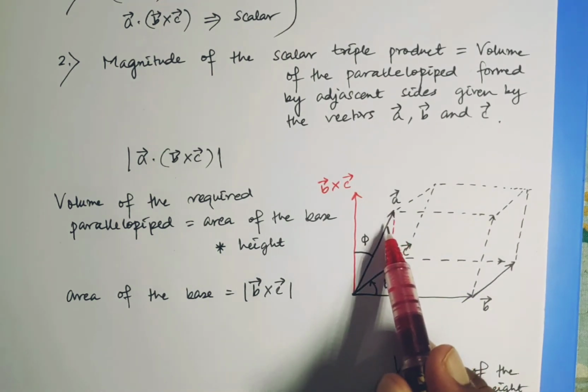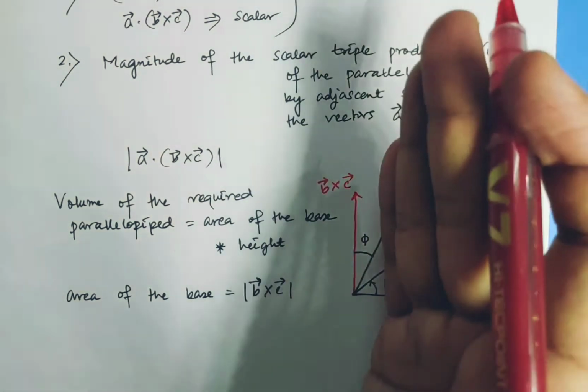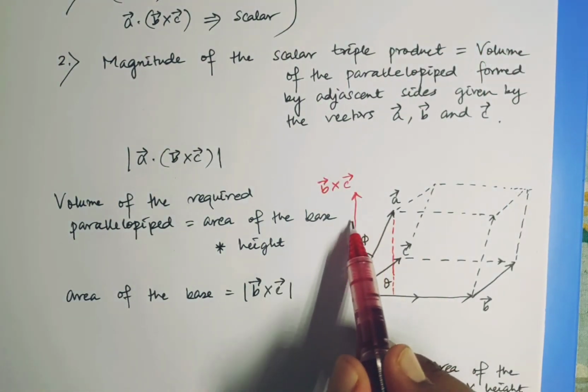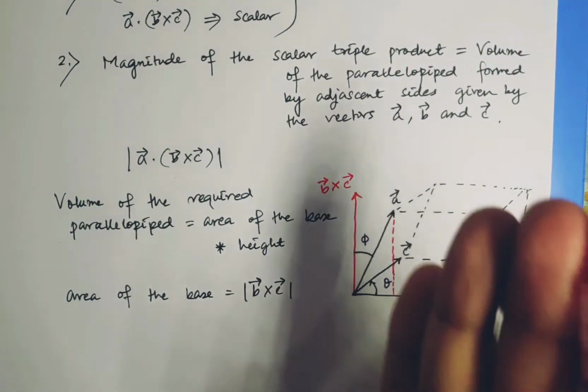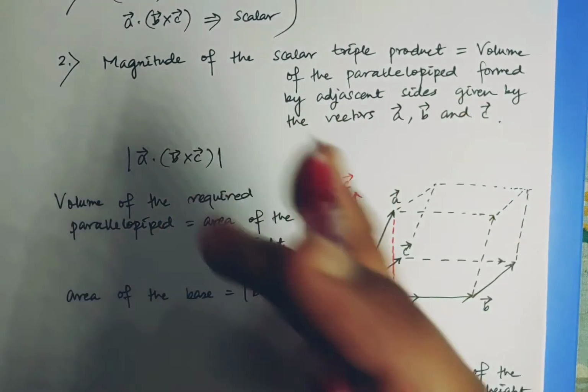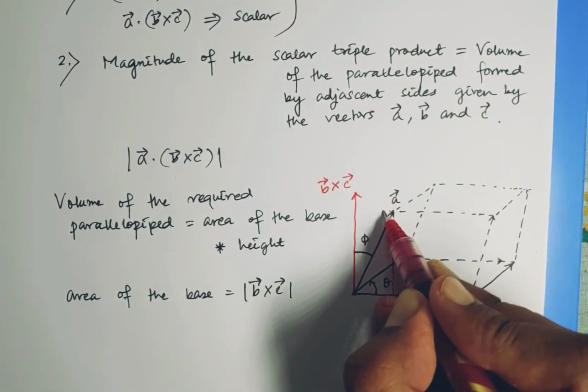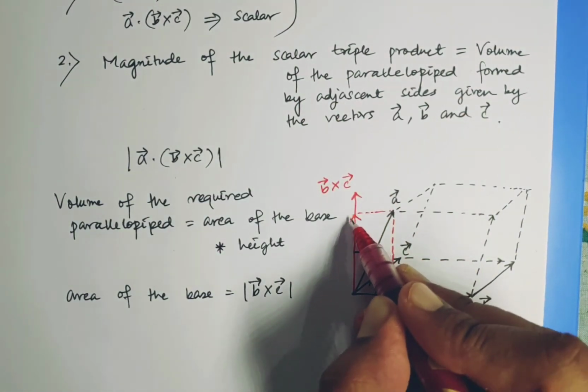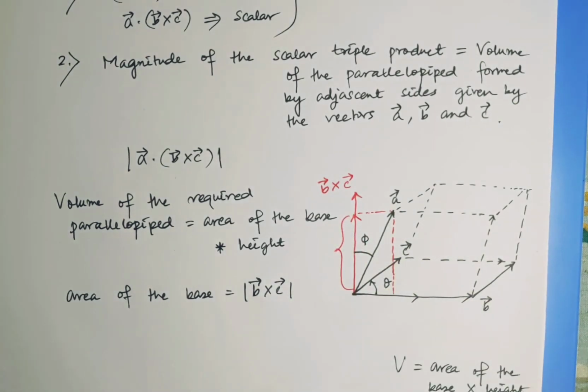I need the projection of A vector on B cross C. So if I project this one on this direction, this one gives our height of the parallelepiped, right? The height of the parallelepiped is given by the projection of A vector on B cross C, right?